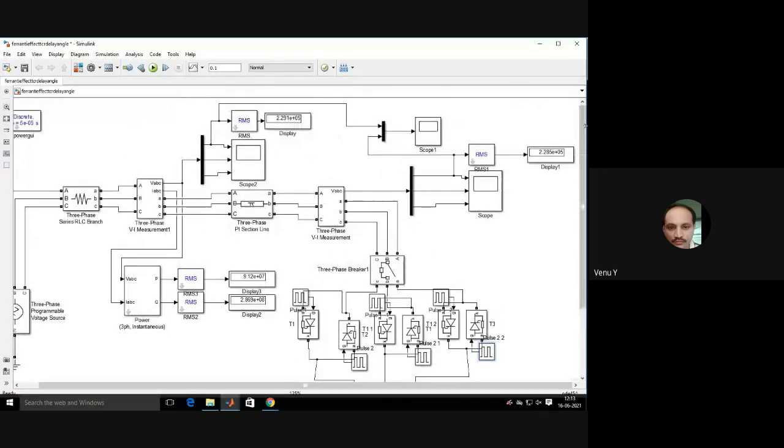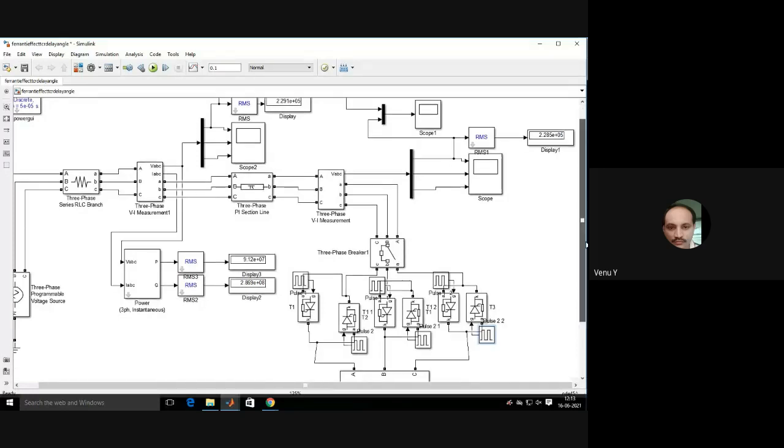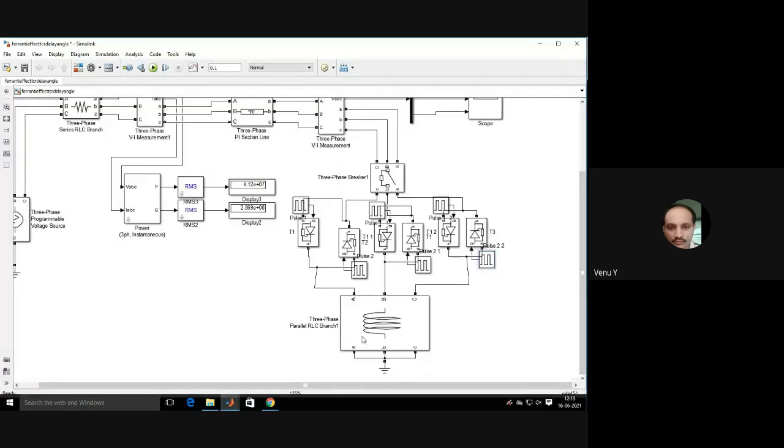Okay, this is the open line or no load line. So this is the TCR, three-phase TCR.